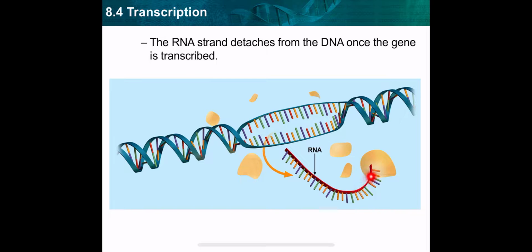The RNA strand detaches from the DNA once the gene is transcribed. Here is the RNA for this piece only, because this piece is for a specific gene. After that, the RNA will detach and the DNA will wind again.